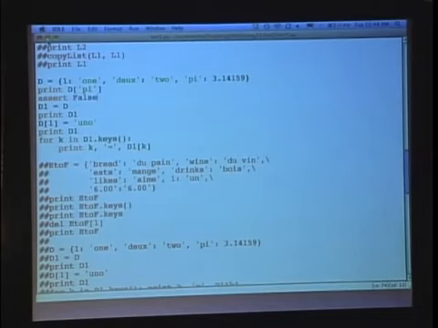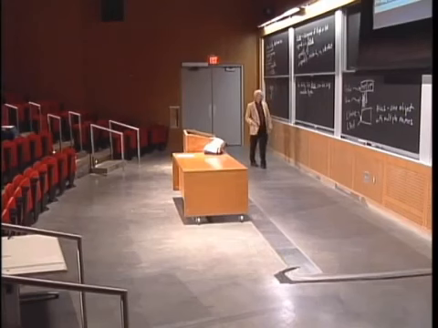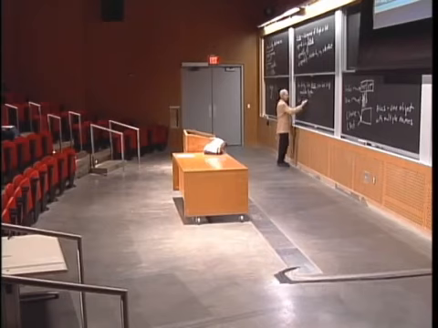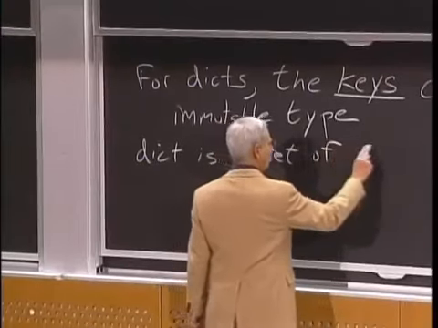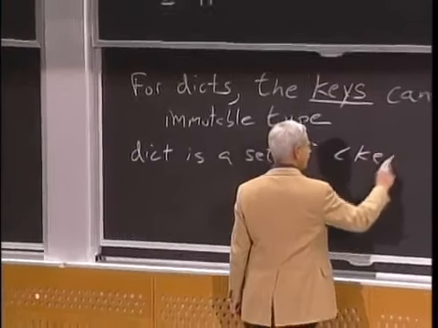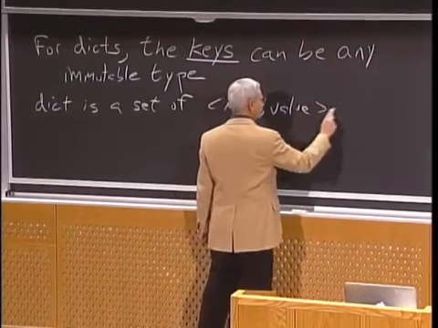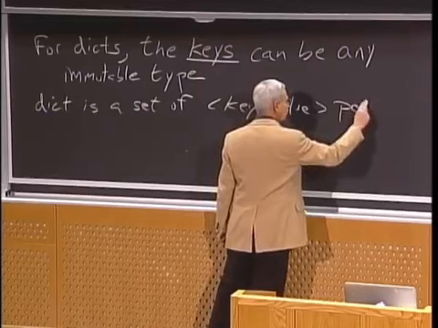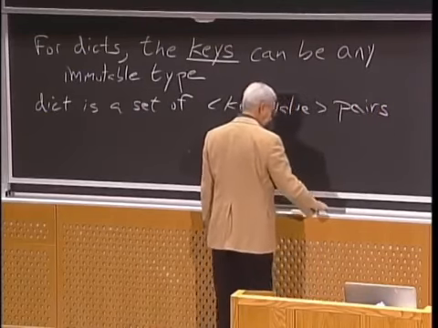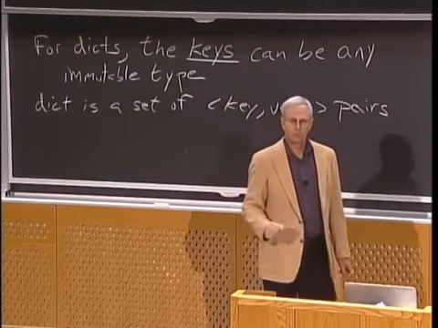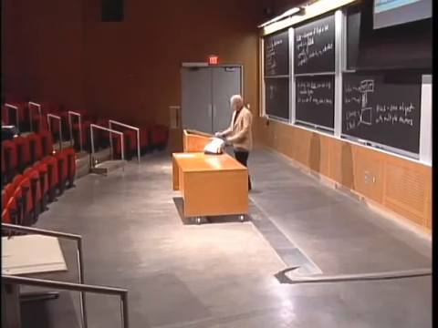So what we have here is a dict is a set of key value pairs. And I can access it by looking at the keys.